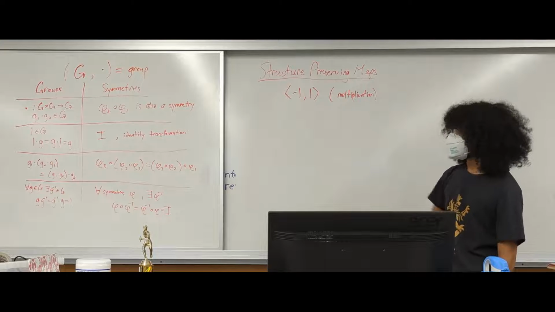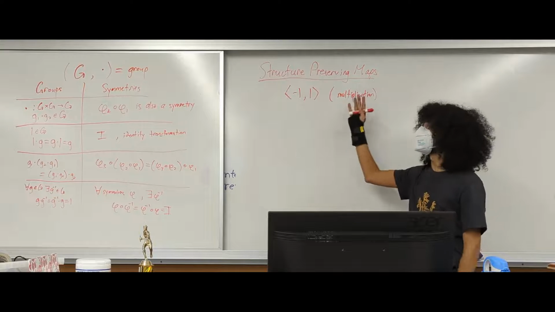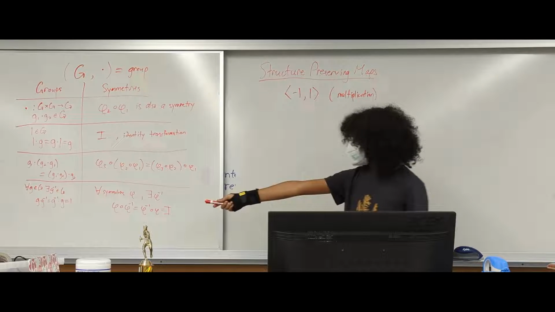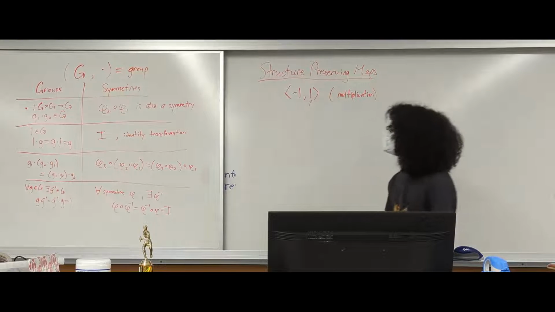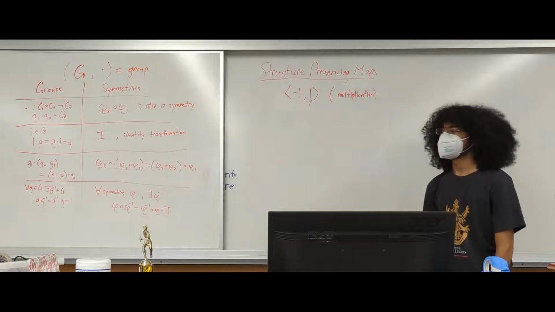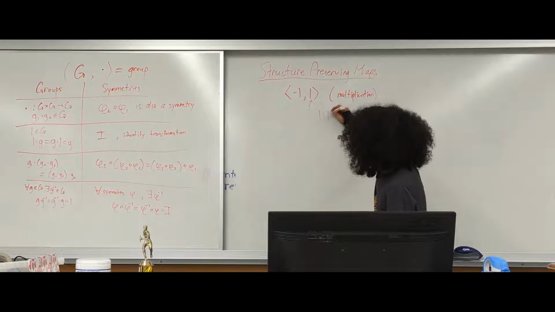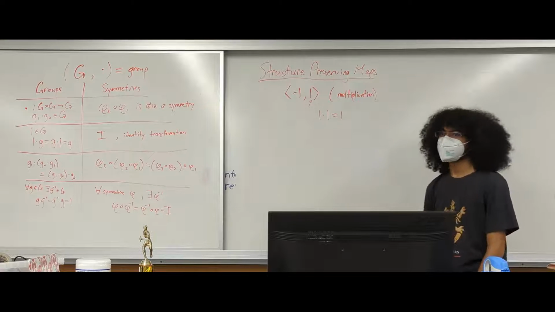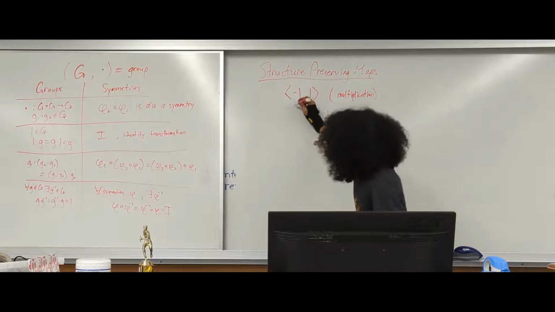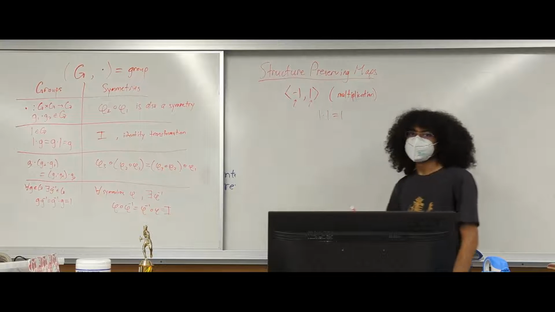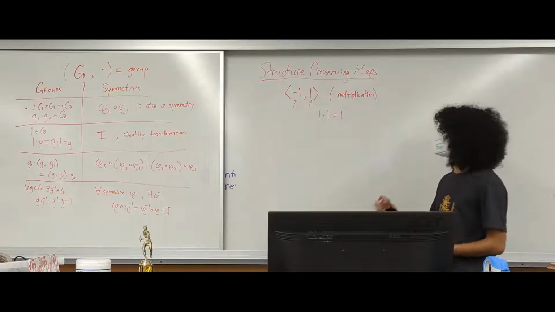We have associativity because multiplication is associative. And we have inverses because the identity is always the inverse of itself, because you always have this for any group. And then -1 is actually also the inverse of itself, because -1 times -1 is 1, which is the identity.